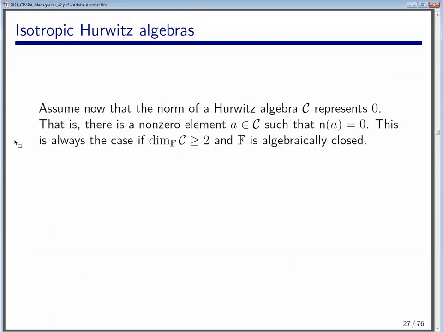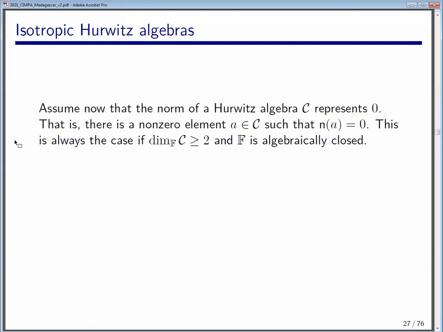There are always non-zero elements such that the quadratic form applied to these elements gives 0. So if we want to see what's going on with Hurwitz algebras over algebraically closed fields, except in dimension 1, the algebras are isotropic. There are always non-zero elements with 0 norm. Okay, so that's important if we want to check what happens over algebraically closed fields.